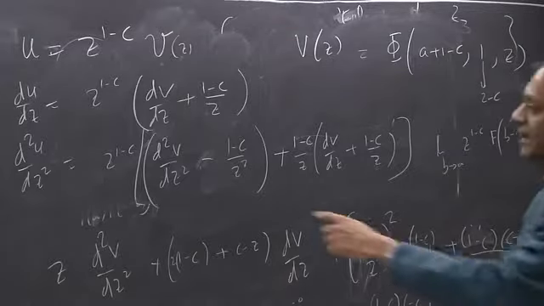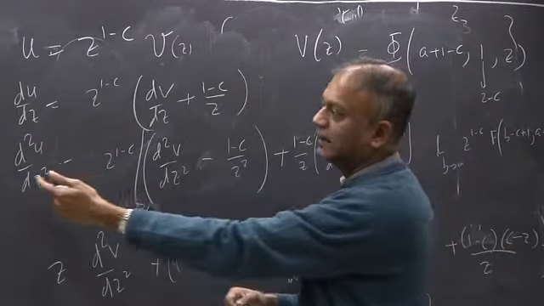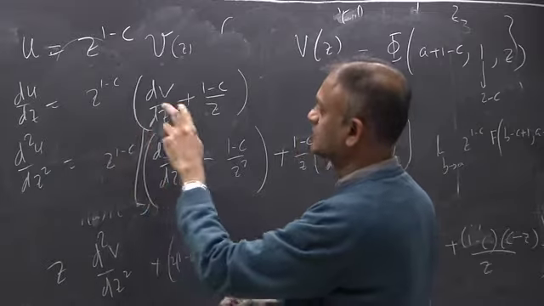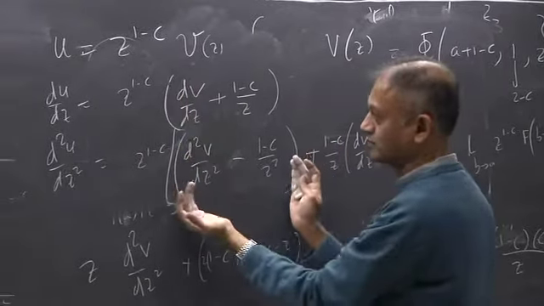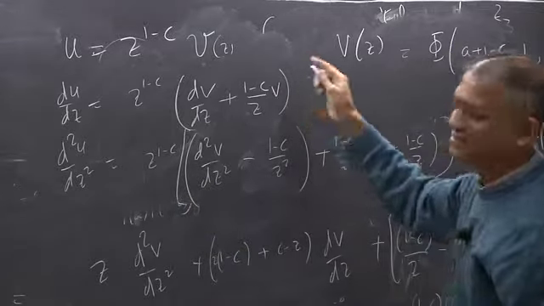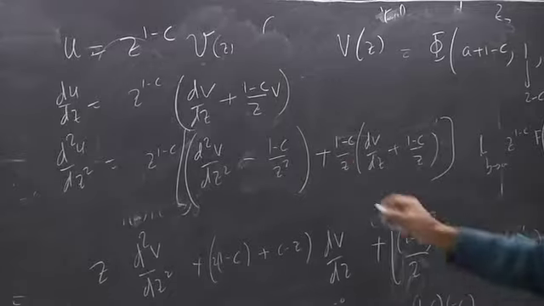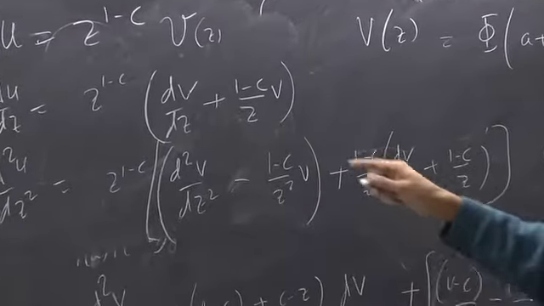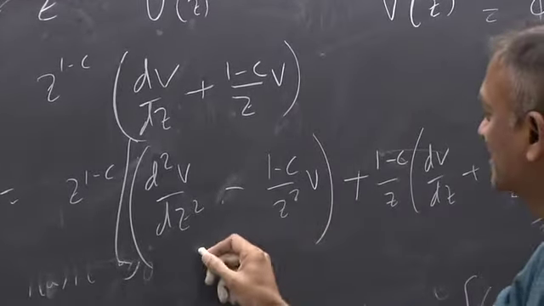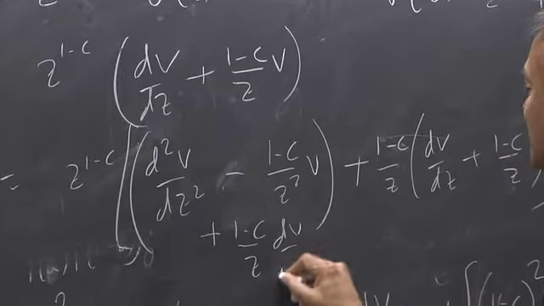So what do I do? I'm taking an extra derivative. This is the first. Do we agree with that? Now I apply one more derivative. There are 2 possibilities. One, when it acts here, you get this. Of course, there's a v here. That's our problem. So there's a v here, and then there is one more term here, which is precisely 1 minus c over z dv by dz.